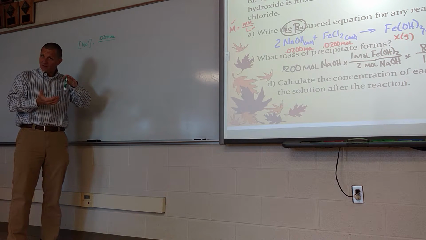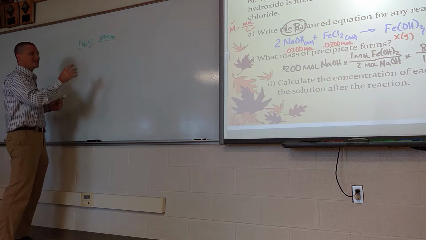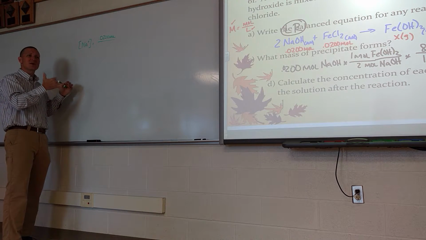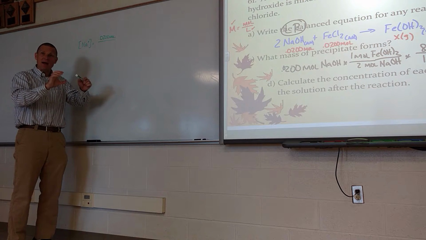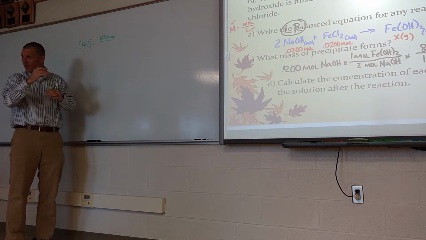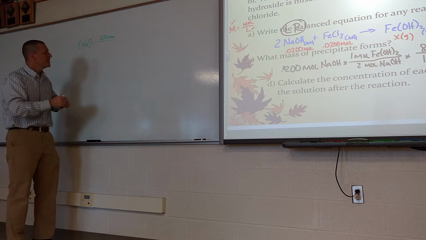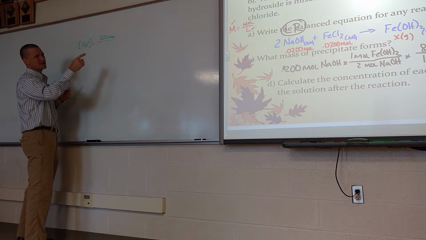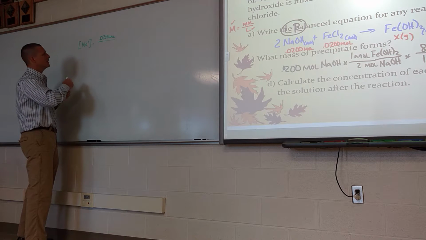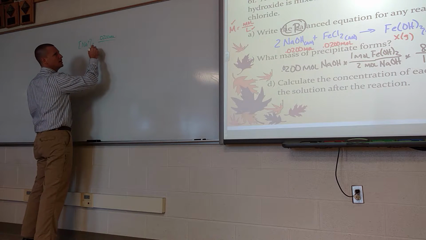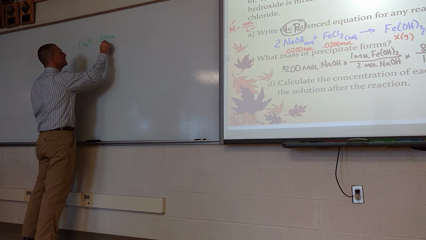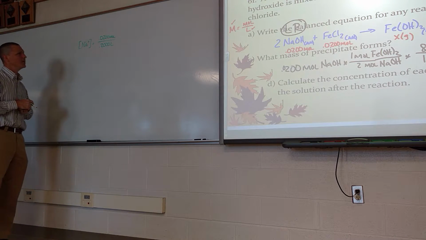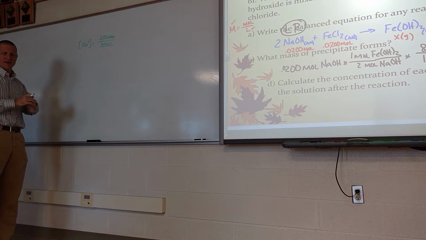So anytime it asks you for the concentration of something at the end, one of the things you want to look at is, okay, did I combine two solutions? Because the volume is going to be increased. So the sodium no longer is 0.2 molarity because it got diluted. We had 100 ml plus 100 ml, so that makes a 200 milliliter final volume.